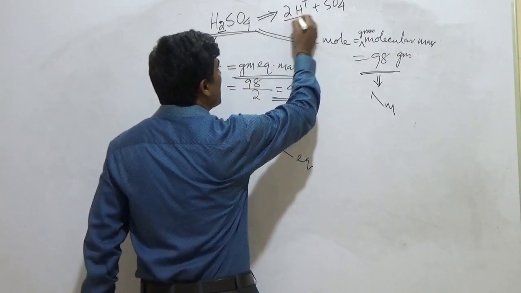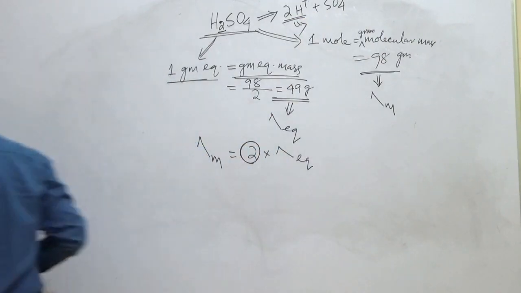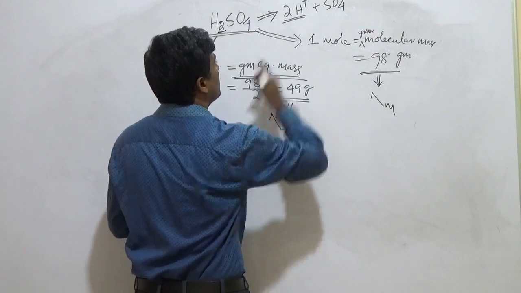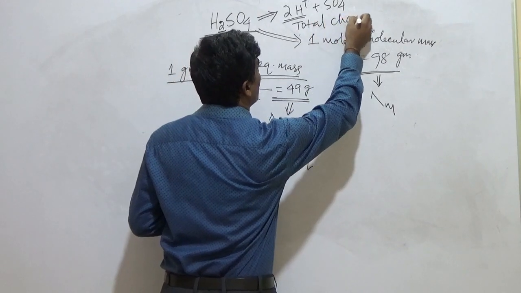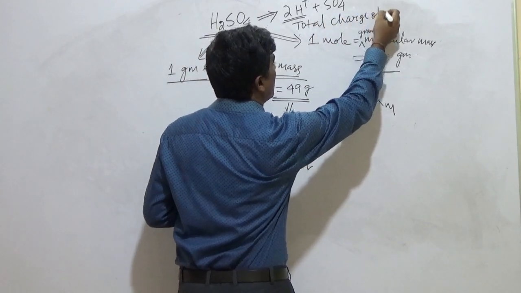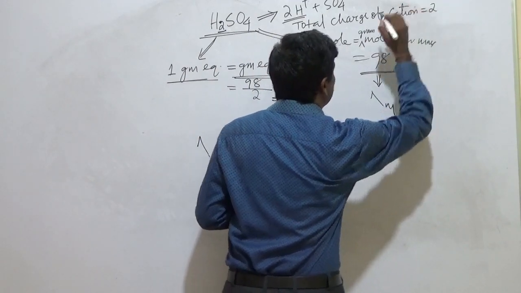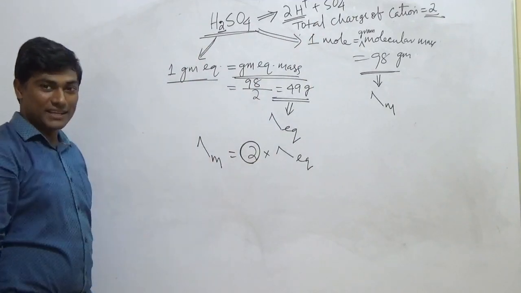So the total charge of cation is equal to 2, that is 2 into plus 1, so 2 comes here.